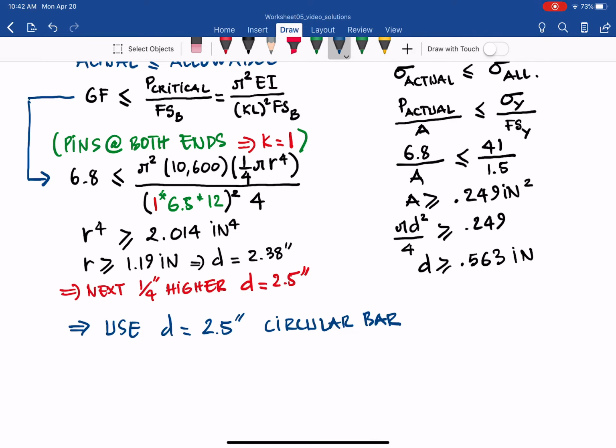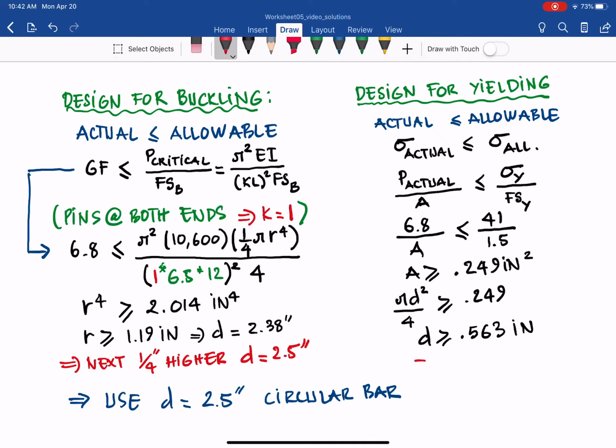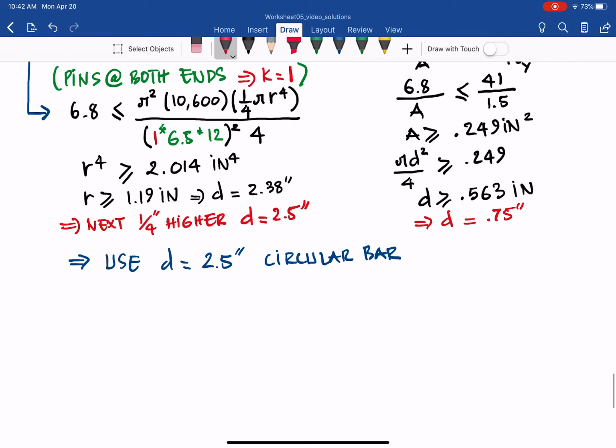Because of that, you can choose the next higher here. For this one, it is basically equal to 0.75 inch, right? So compared to these two, we have to select the maximum. So from that, we go for a 2.5 inch circular bar.